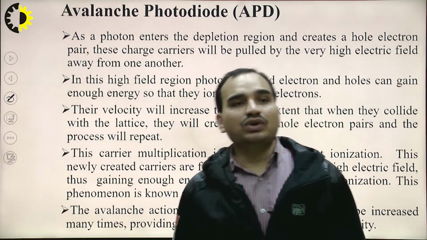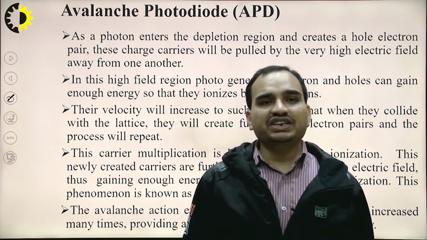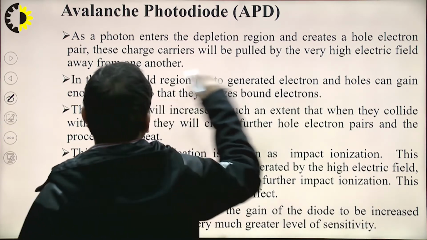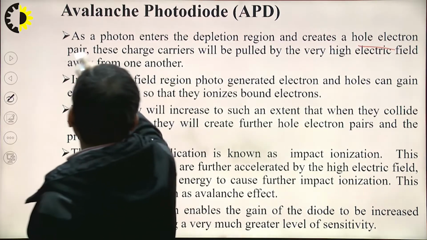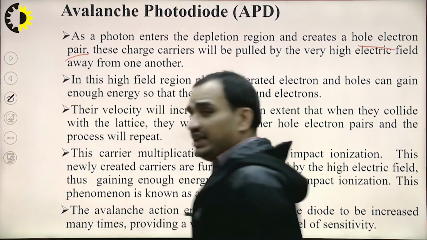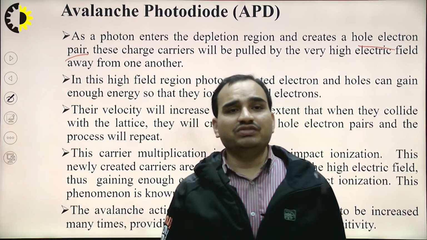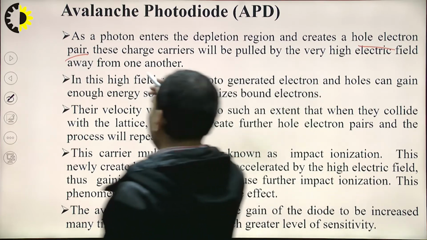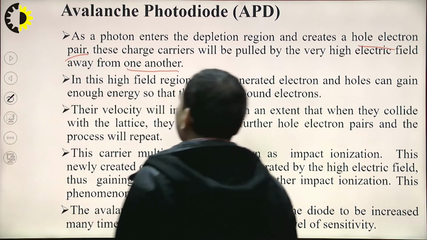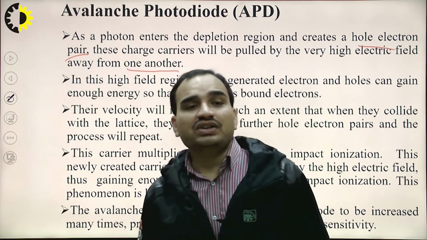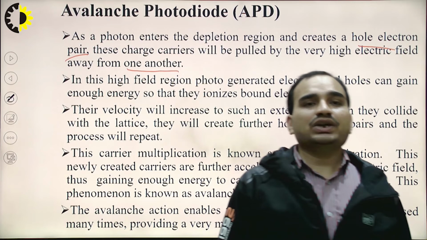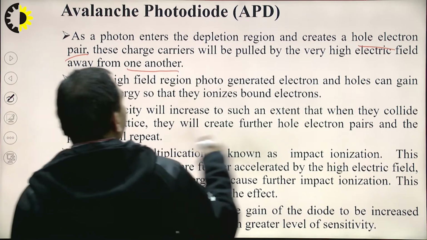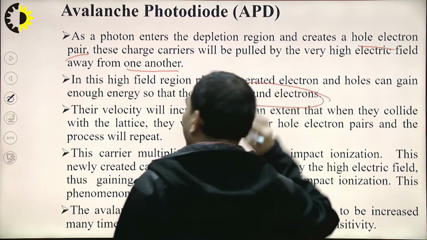As the photon enters the depletion region and creates a hole-electron pair, these charge carriers are pulled away from one another by a very high electric field. In this high field region, the photo-generated electrons and holes can gain enough energy to ionize bound electrons.